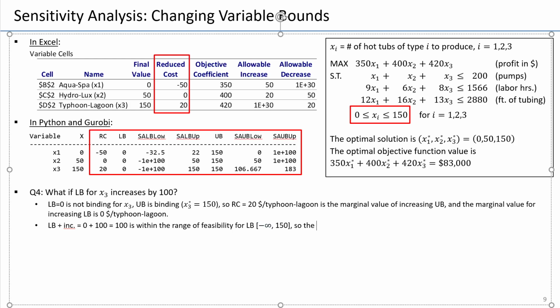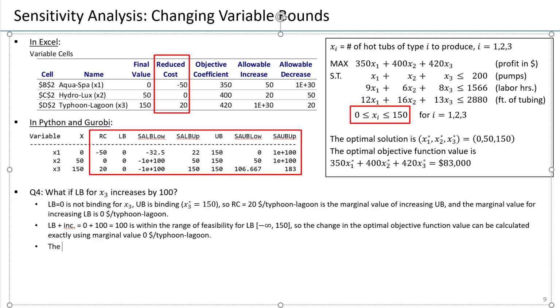So the change in the optimal objective function value can be calculated exactly using the marginal value, not the reduced cost. Reduced cost is for the upper bound, so we use marginal value 0 per Typhoon Lagoon.